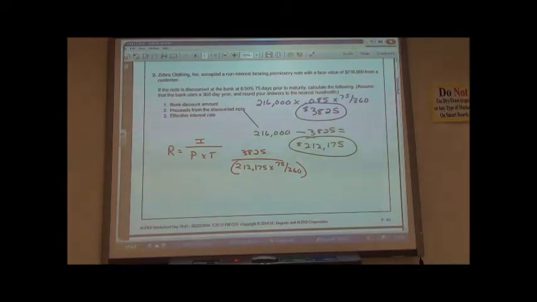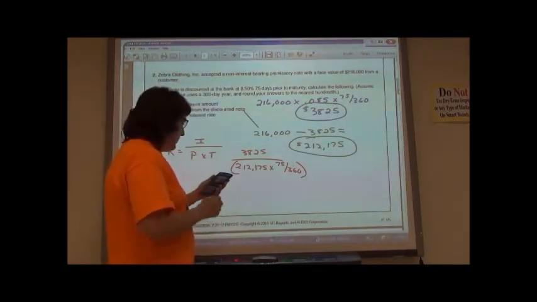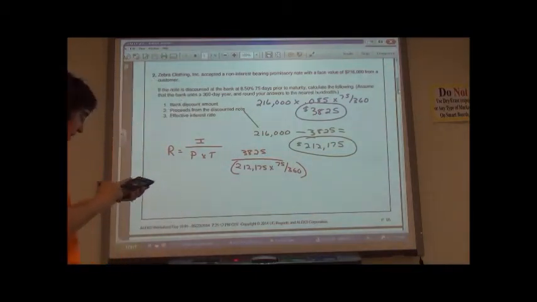So I'm going to take the 3825 parentheses 212,175 times 75 divided by 360, close my parentheses. Whoops, I didn't type something in right. I didn't hit my divided sign.